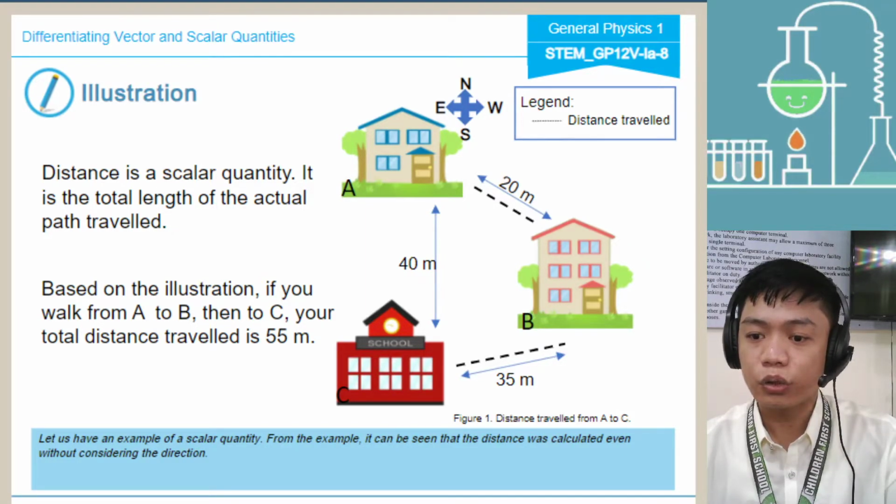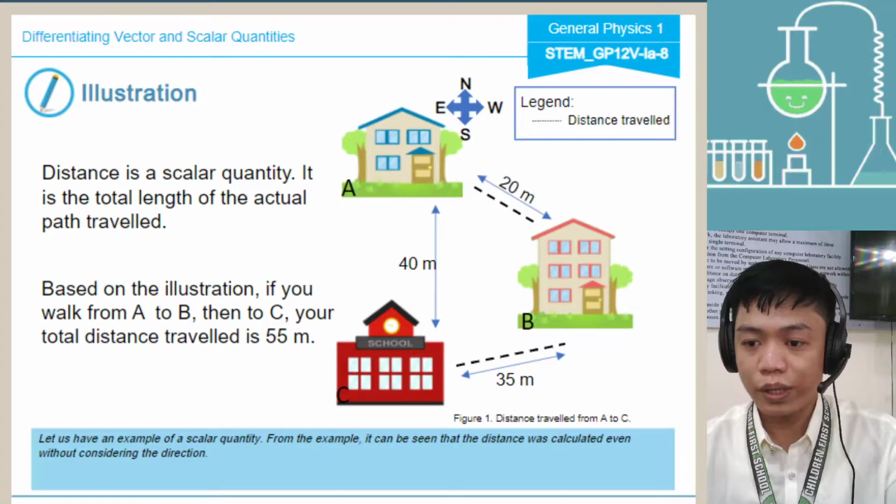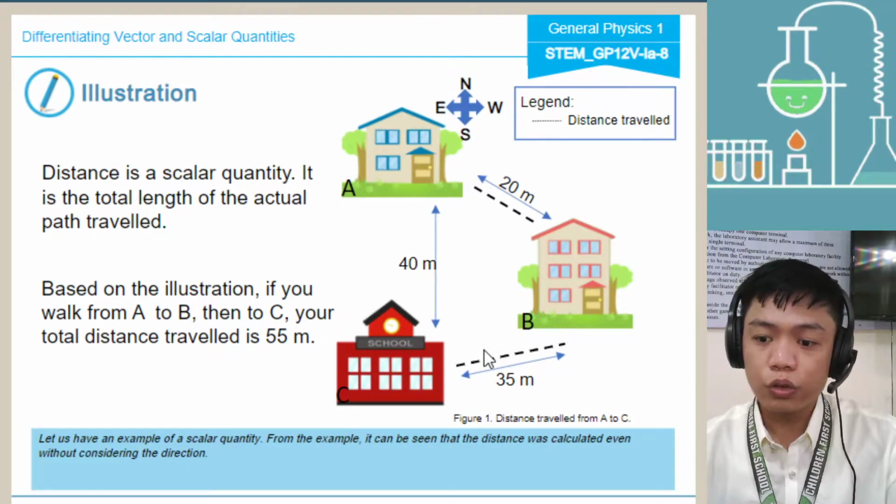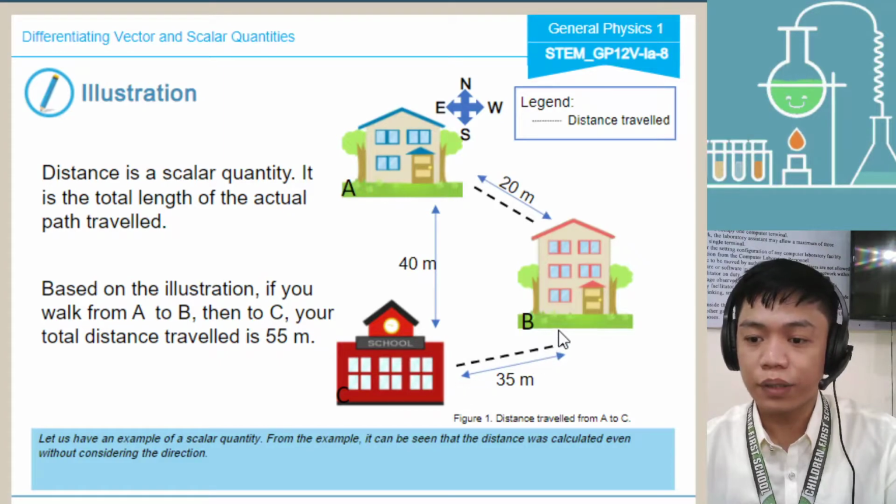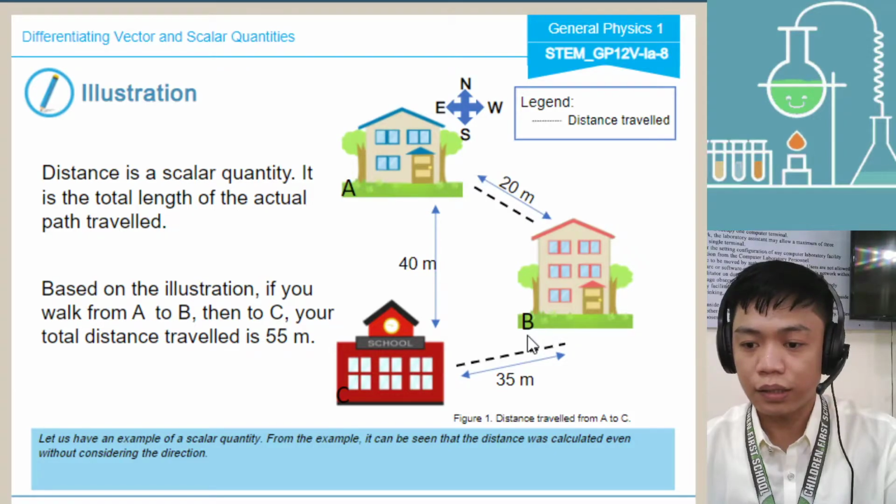As you can see in the figure, we have three stations: letter A, letter B, and letter C. As you walk from A to B, the measurement of your distance traveled is 20 meters. Now, you went to your school with another 35 meters. So basically, the total distance traveled is 55 meters.